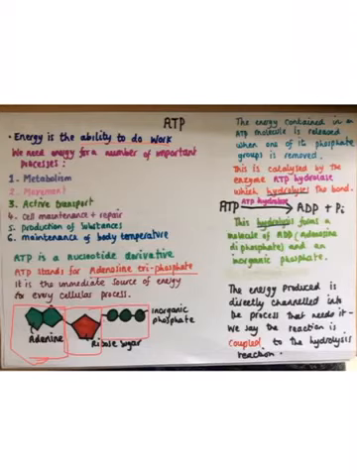Now you can begin to see why ATP is called a nucleotide derivative, because it's very similar to nucleotide bases. ATP is a very important molecule because it's the immediate energy source for every cellular process that occurs.